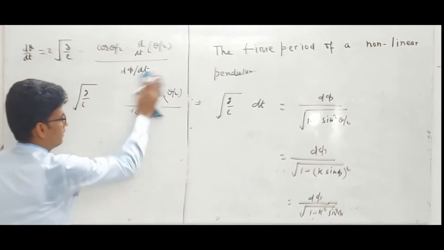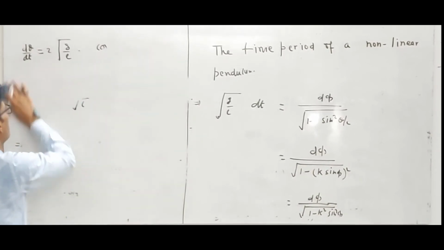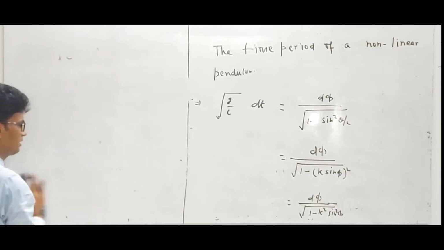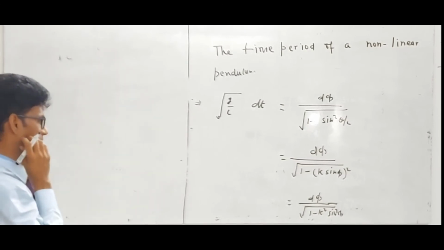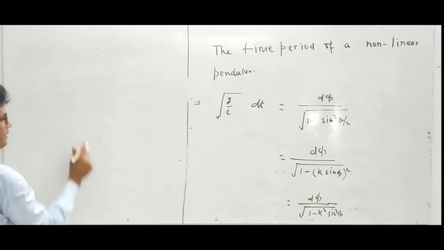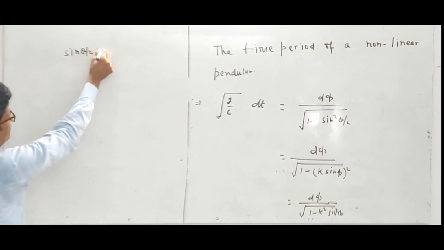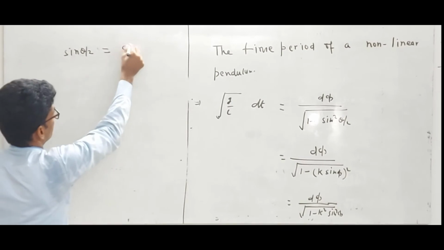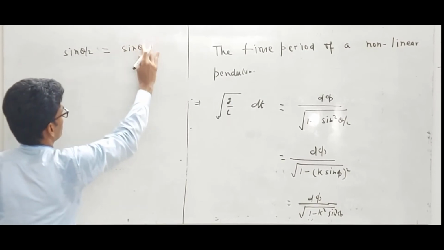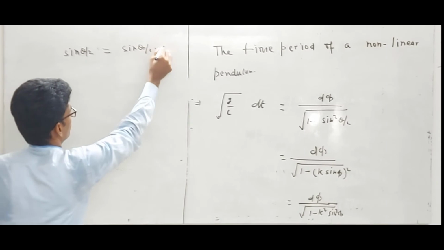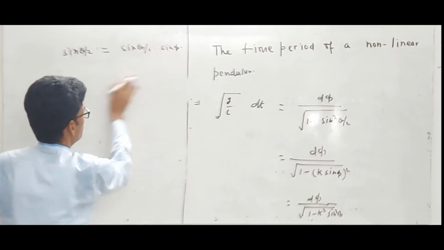Now at this stage we have to assume the initial condition. What is the initial condition? We are well aware of that. But keep in mind here, sin theta by 2 is sin theta naught by 2 into sin phi. Use the initial conditions.